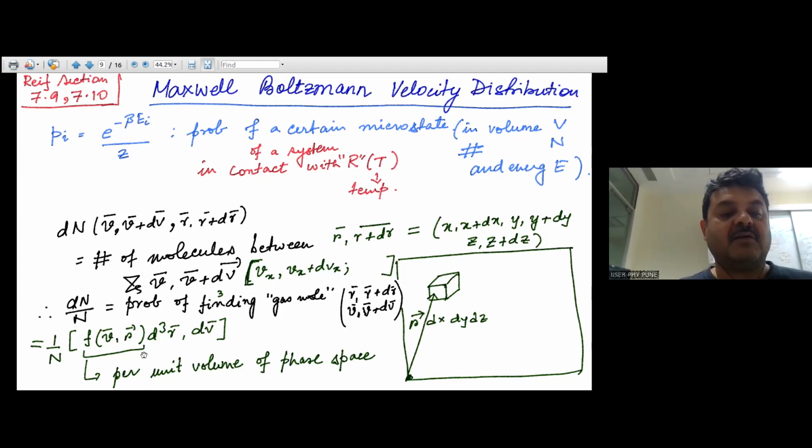That is the meaning of f(v,r), and dn by n would be the probability or the fraction of particles which are moving in that range.